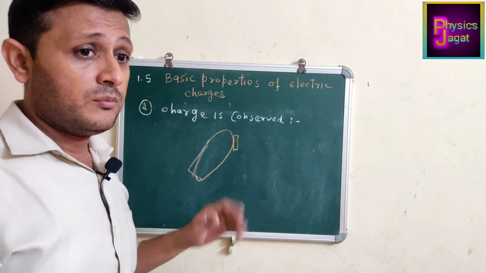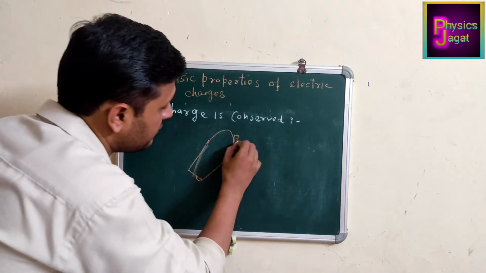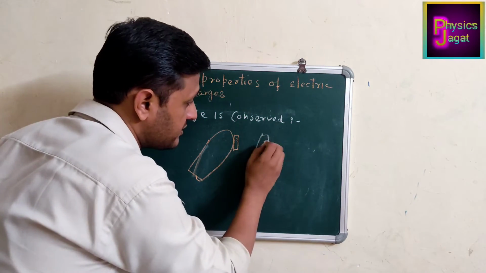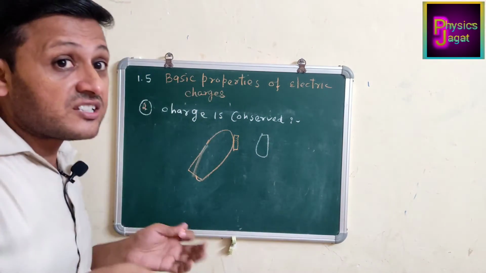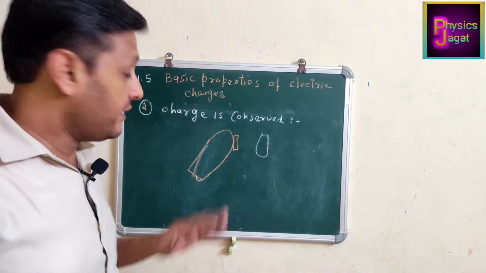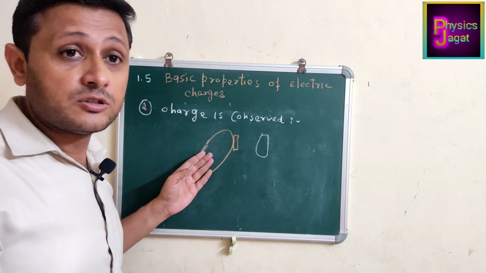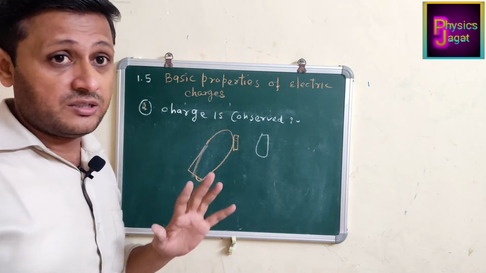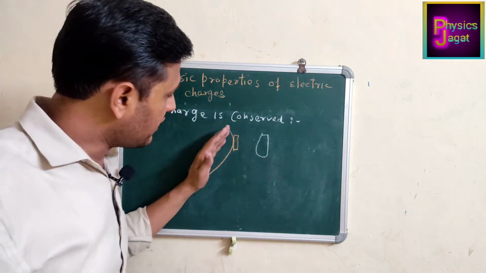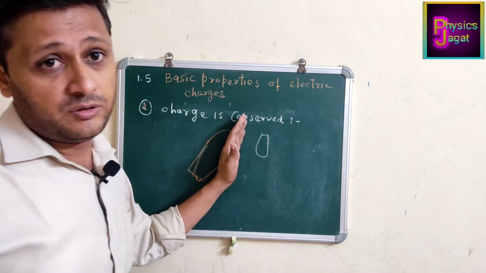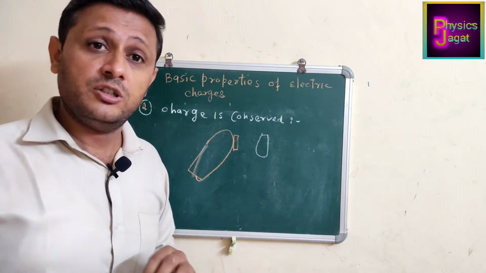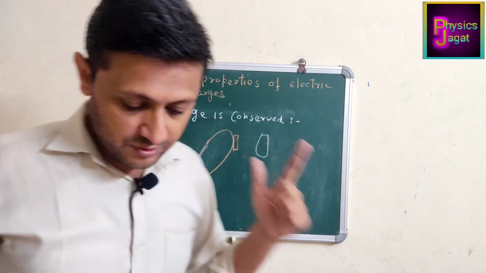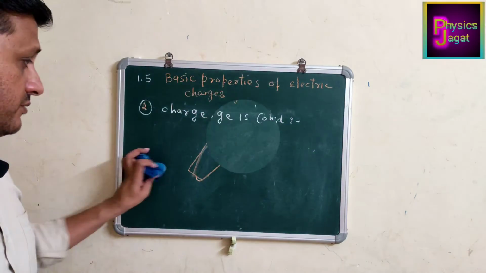That we have seen, but it does not happen that charge is created from nowhere in the silk. Similarly, charge does not disappear from the plastic. Charge is just transferred from here to there. Charge is not lost in the universe. So this is charge conservation that we have seen in the previous lecture.